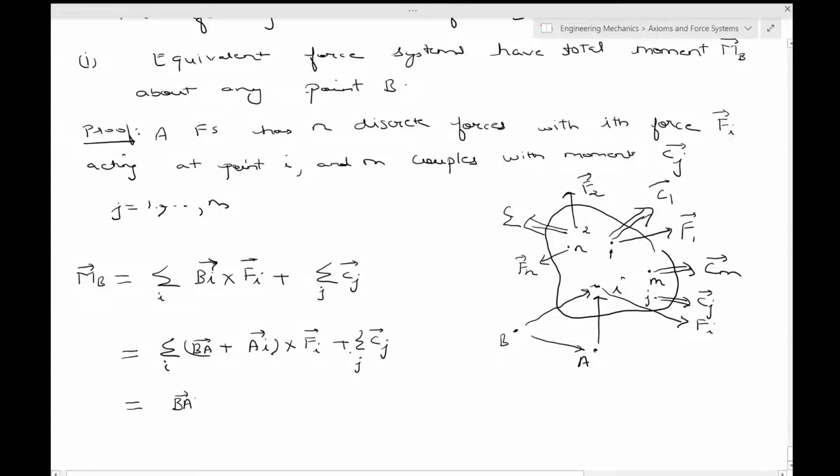So we have Ba cross Fi summation over i, plus Ai cross Fi summation over i, plus Cj.